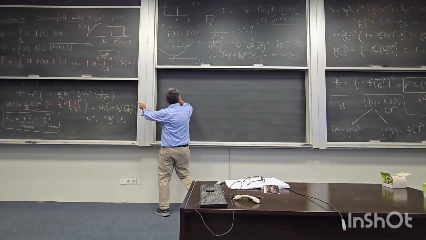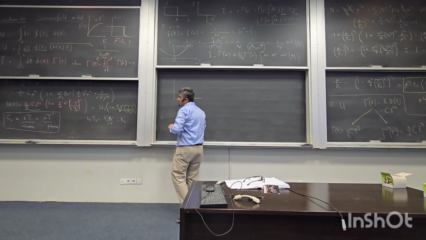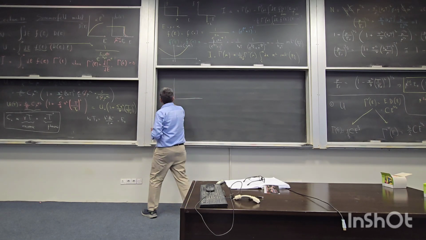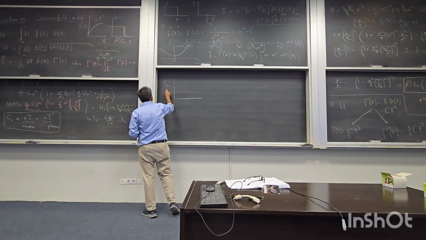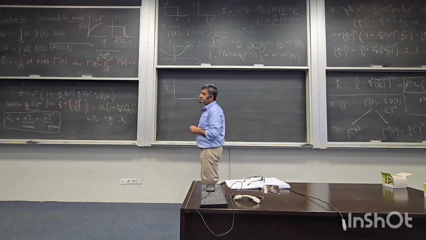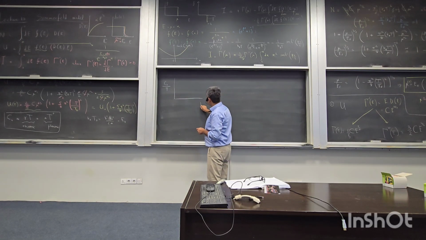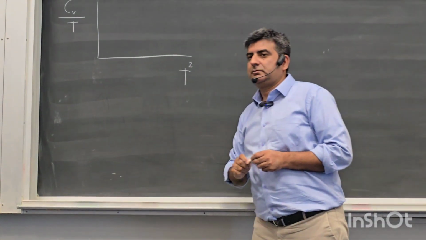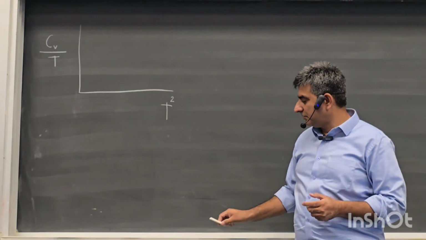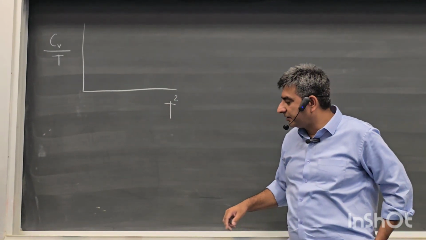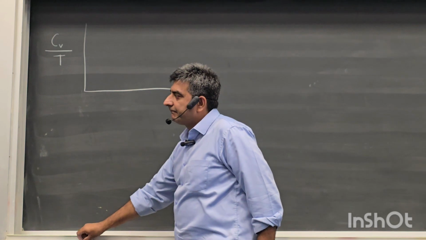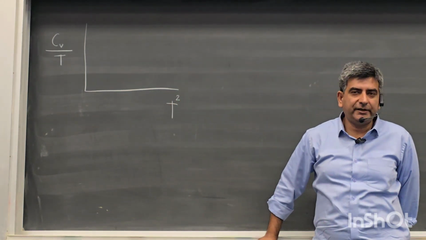So if I were to plot C_V versus temperature, in fact, if I were to plot C_V divided by temperature versus temperature squared, what kind of graph should I get theoretically? Linear.